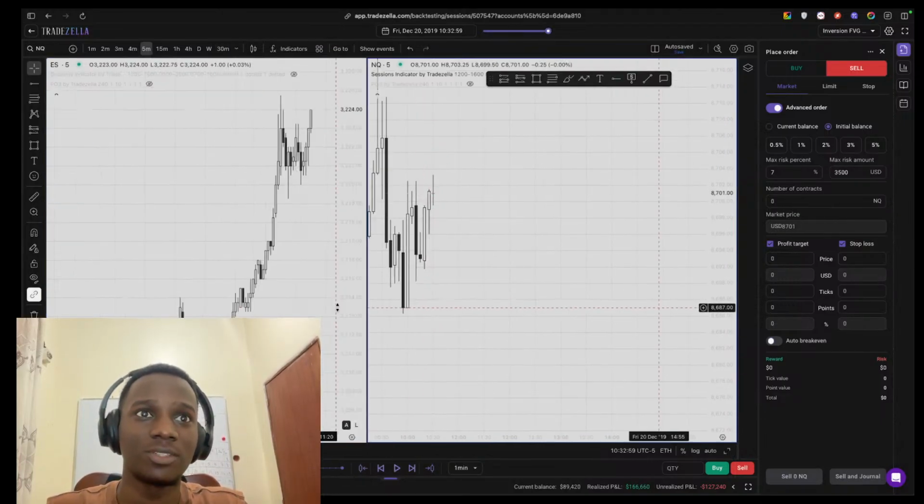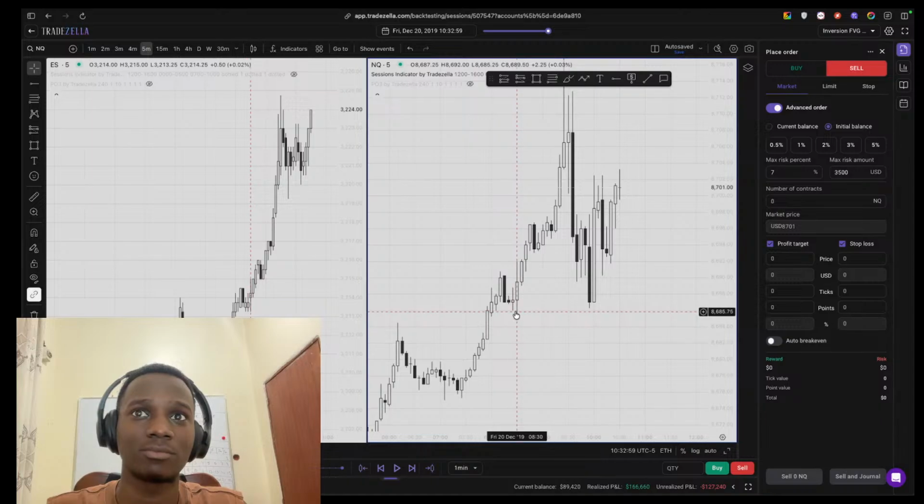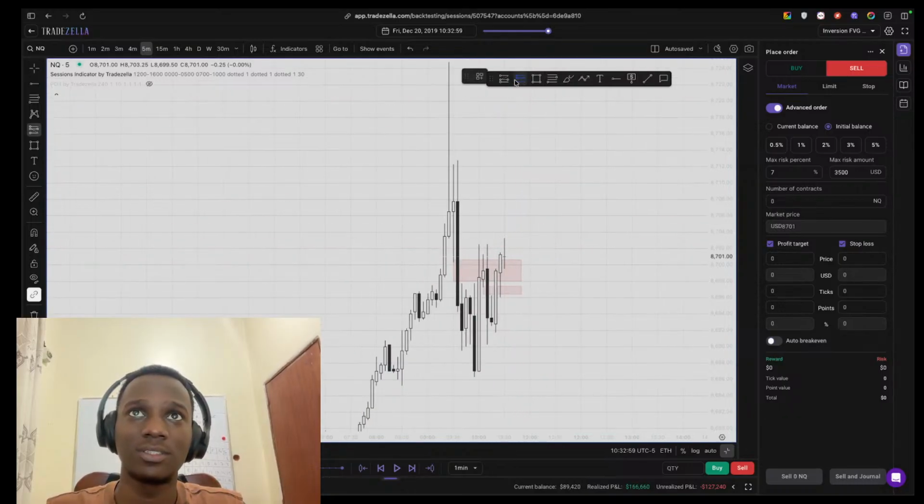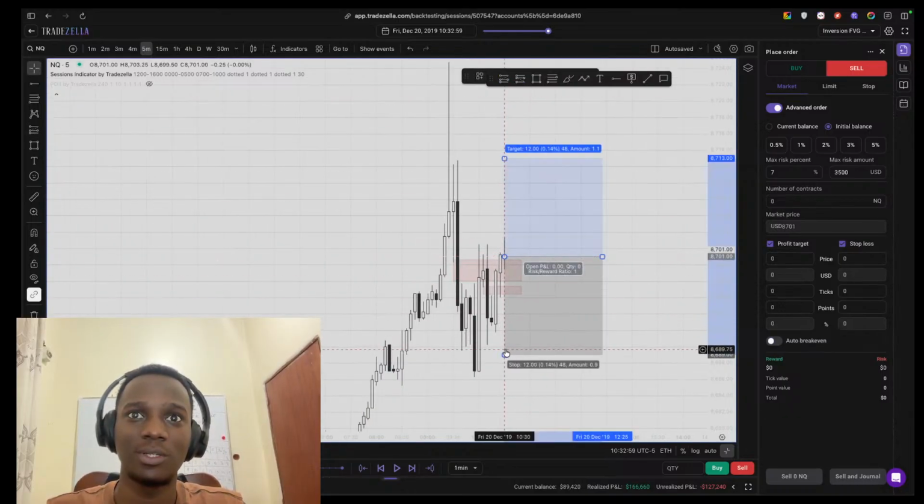And this 5 minute inversion, I think we can try out longs after that SMT. So 5 minute inverse right here and another one right here. So you get stopped out one way, we try the other way.